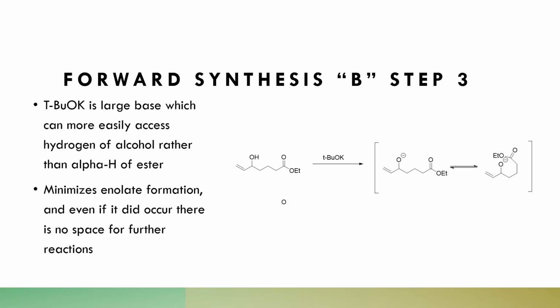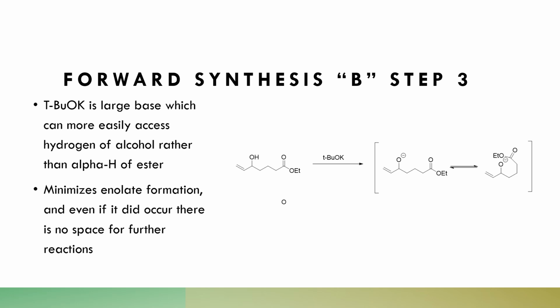So in this next step, we are going to start our creation of the lactone. To do this, we are going to use potassium tert-butoxide to deprotonate the hydrogen coming off of that alcohol. It is important to use a larger base for this, as it has less accessibility toward the alpha carbons or alpha hydrogens coming off of the ester group, which other reactions it could react with to create an enolate.